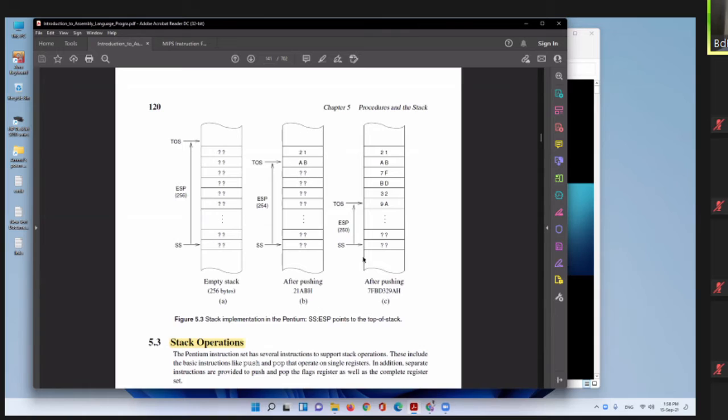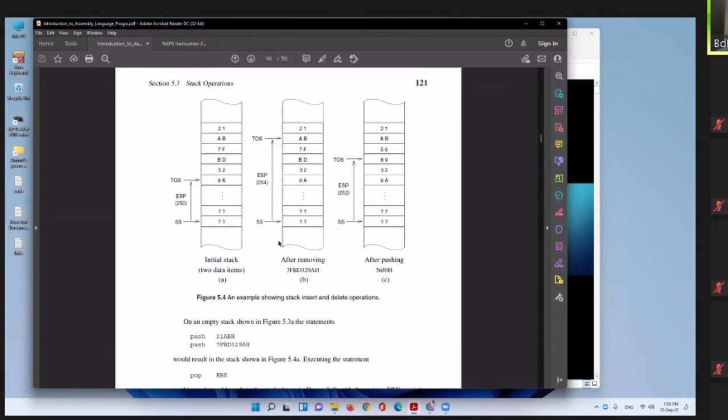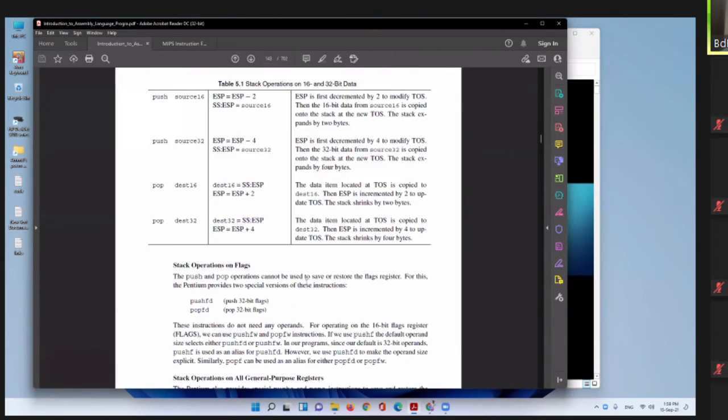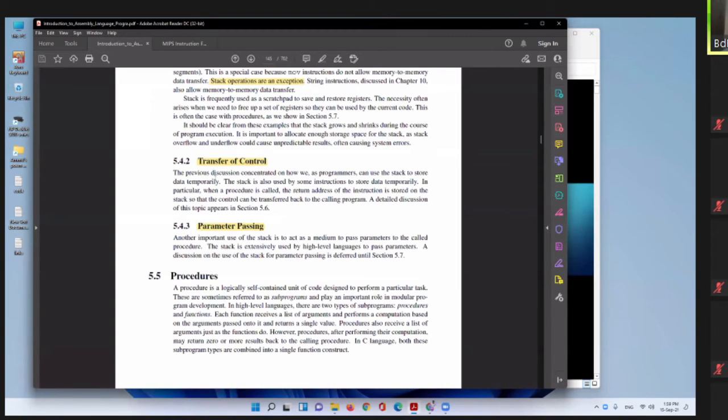We have just 2 basic operational instructions, push and pop. We have done them several times in so many ways and so many classes, so hopefully you can remember all this push and pop operation. There are 3 uses of stack: temporary storage, transfer control, and parameter passing. That will be the last part of the stack operation.